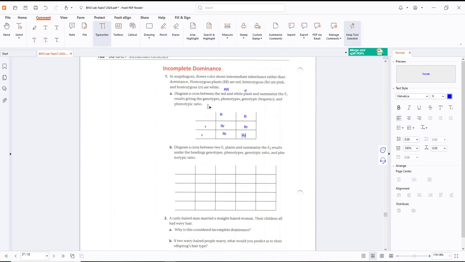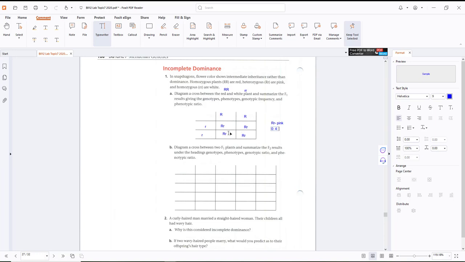Okay, so give the genotypes. All of them are pink. So we have the genotypes, phenotypes, and then if we want to do the genotypic frequency, remember it's the number of homozygous dominants, so that's 0. The number of heterozygotes, that's 4.